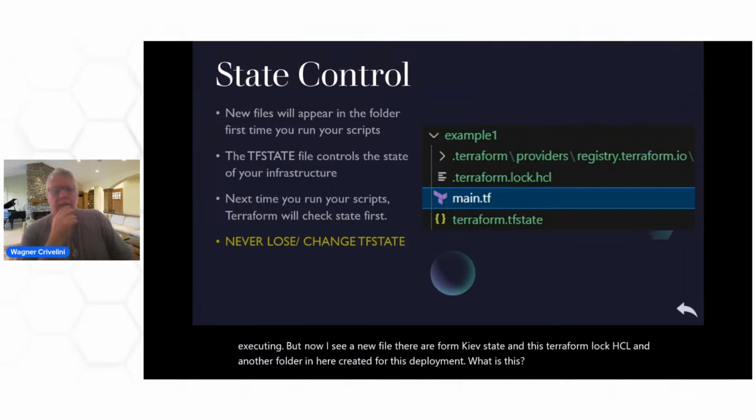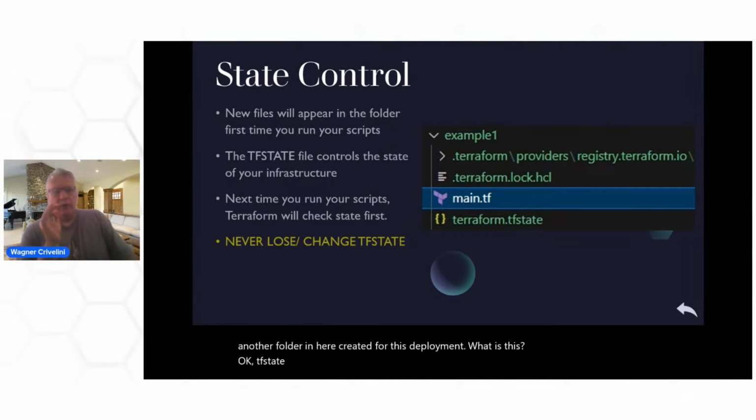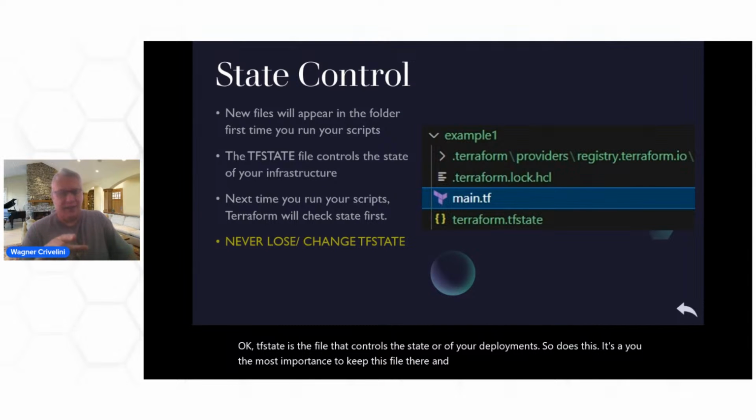Okay. The tfstate is the file that controls the state of your deployments. So it's of utmost importance to keep this file there and never touch it. Don't change it, don't delete it. Please never touch it.